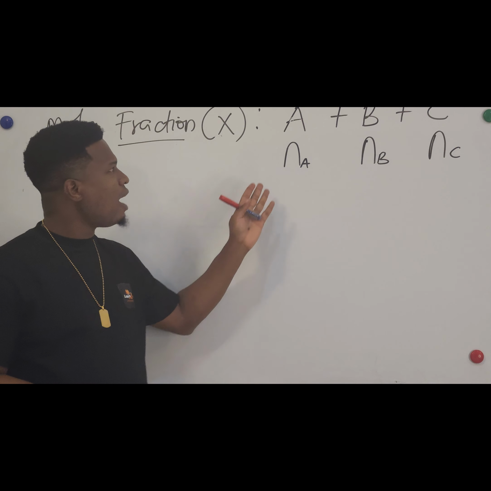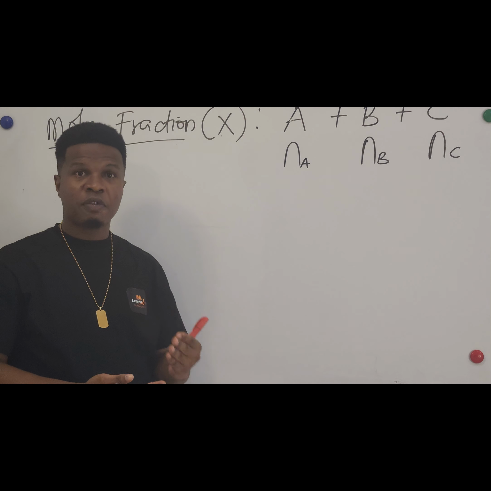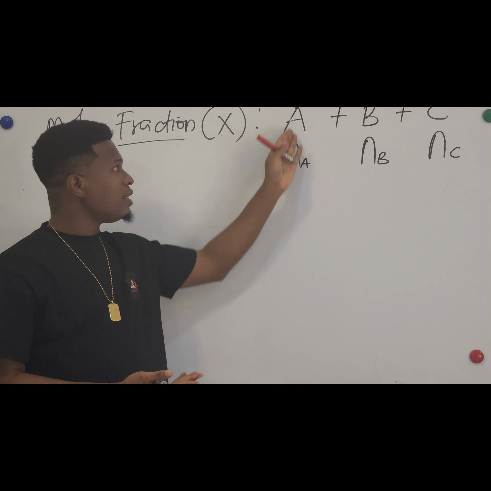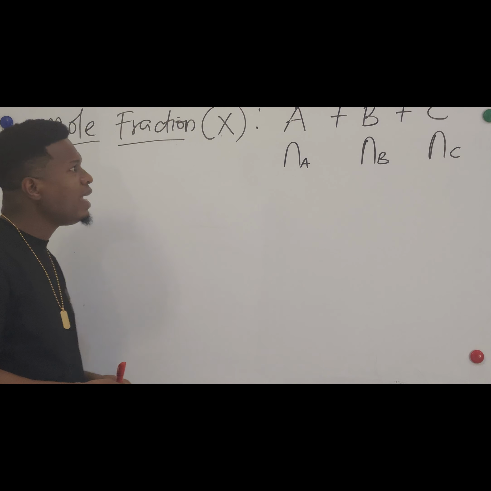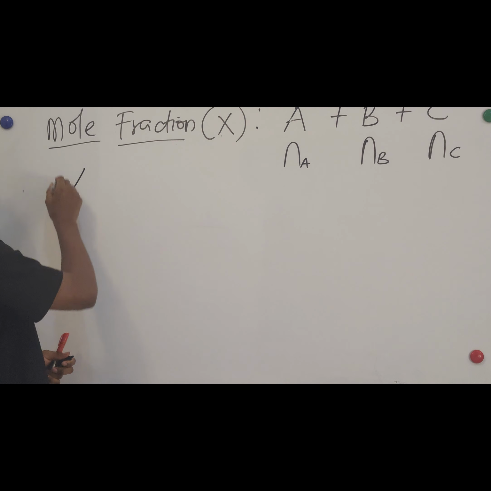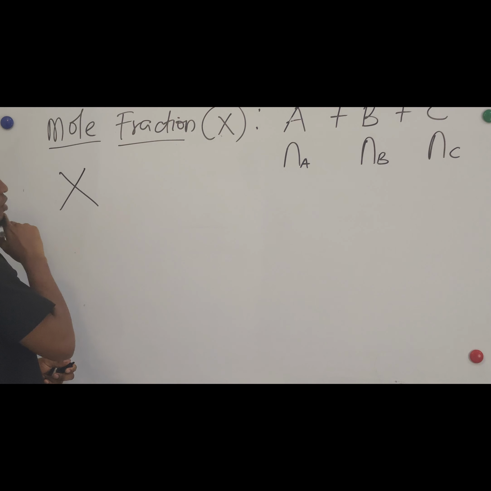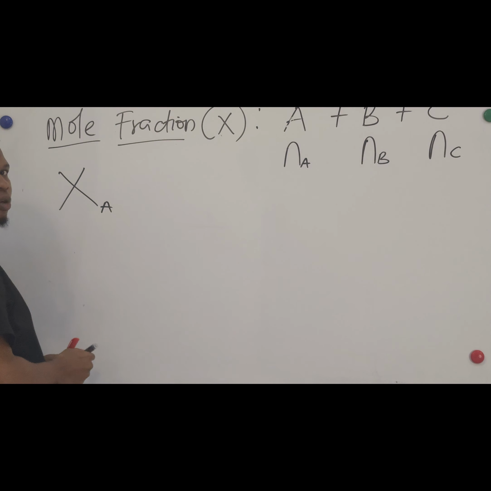Now, let's say we have a mixture of different compounds with a specific number of moles. Let's say the number of moles for this is A, this is B, this is C. If you are asked to find the mole fraction, watch. If I write X with subscript A, this means the mole fraction of A inside this mixture.